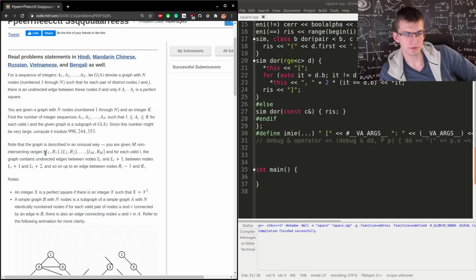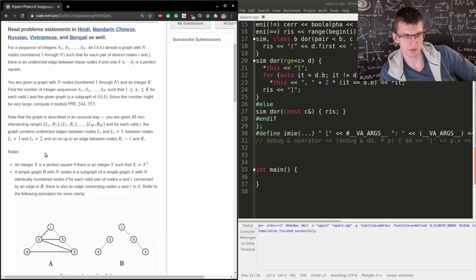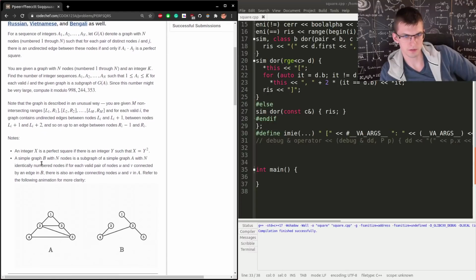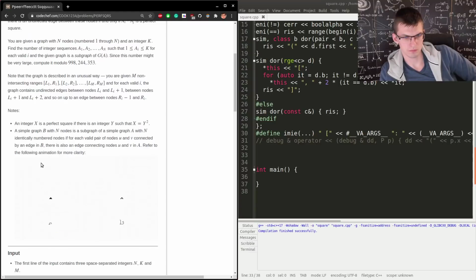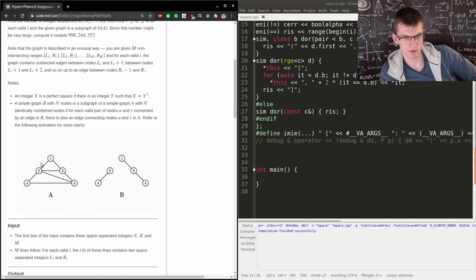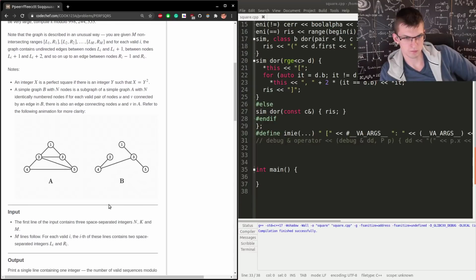Interval 2, 3, 5 will denote 2, 3, 4, 5. B is subgraph. Not subgraph.